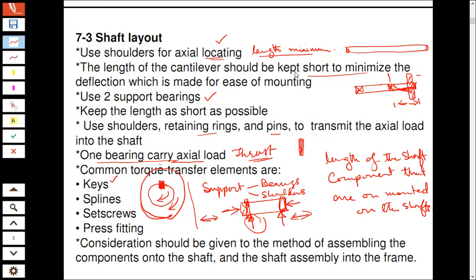Now, splines. Splines are made on shafts. It will mimic a permanent key on a shaft. For example, a splined shaft would look like this. If you remember in clutches, when we discussed clutches, there was the axial clutch plate, and in the clutch plate, there is a splined shaft that goes in there. But anyways, a splined shaft would look somewhat like this.